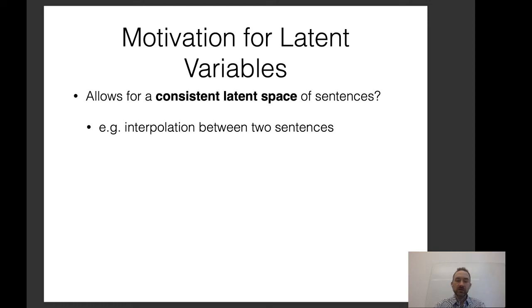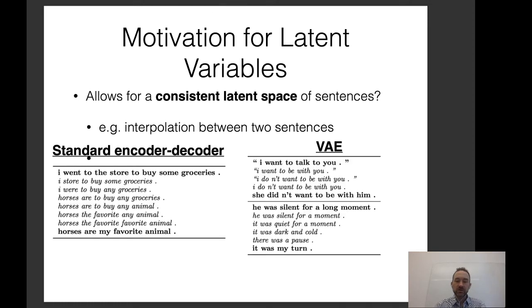So for example, interpolation between two sentences. And if we have a standard encoder-decoder model, like a standard autoencoder that we train to do this, like what I talked about before, we have no prior over the latent space or over the hidden space in the encoder-decoder model.